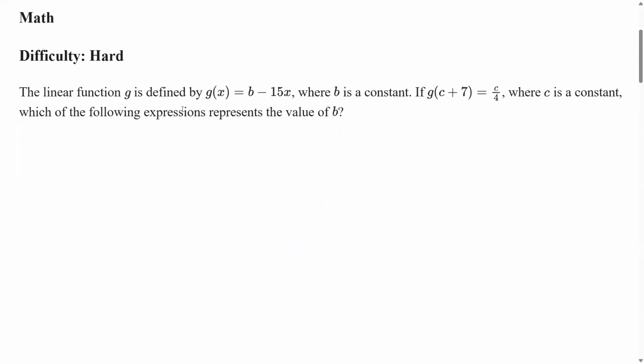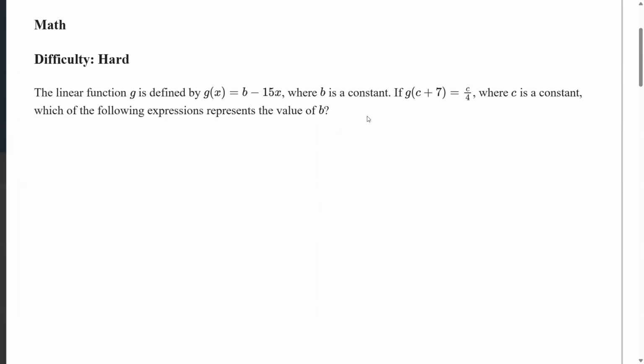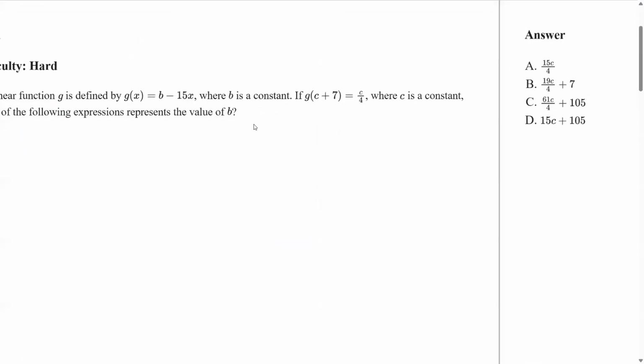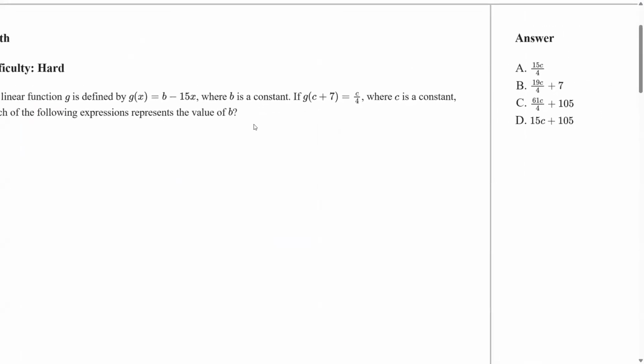The linear function g is defined by, okay, where b is a constant, g of c over 4, where c is a constant. Which expression represents the value of b? Okay, they want the value of b in terms of c.